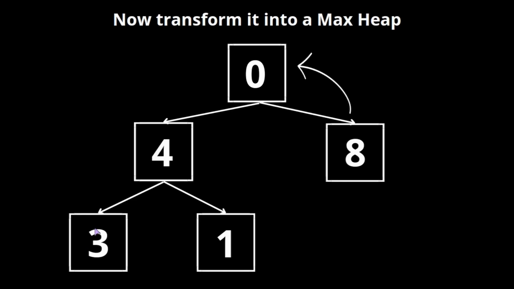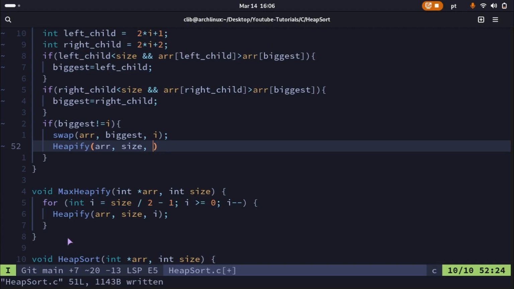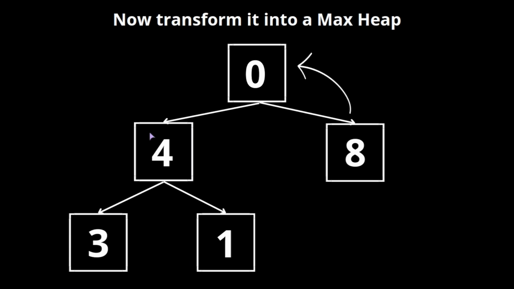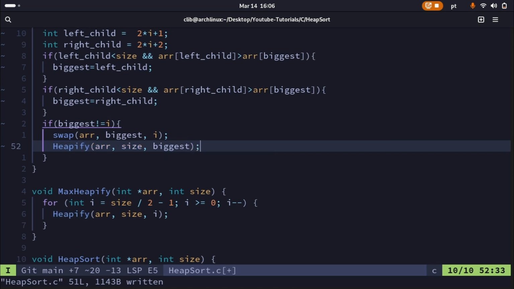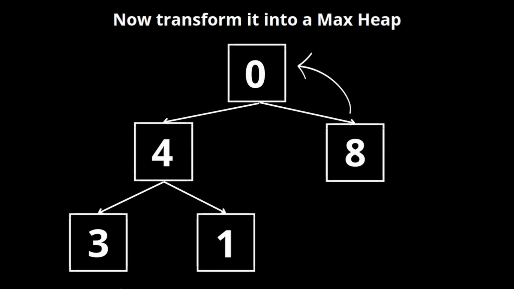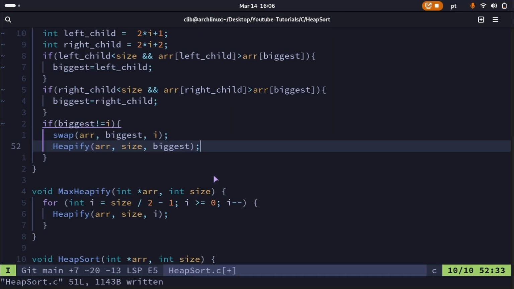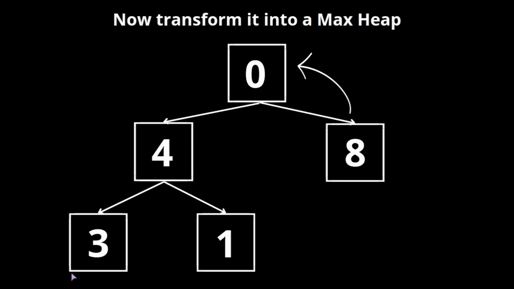And what is the index we're passing? The index of the last biggest. So I was here and the biggest was here. We swapped, but the biggest variable kept its state pointing to this index. Now we're checking if this newly swapped value is bigger than its current child nodes. In this case, it will return immediately because it doesn't have any children.